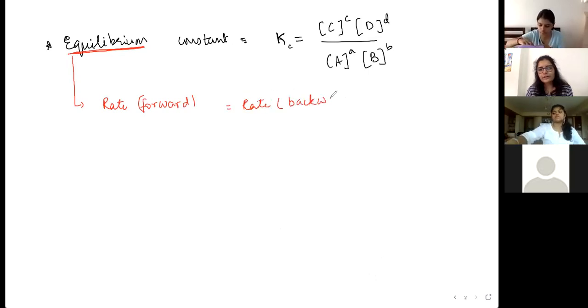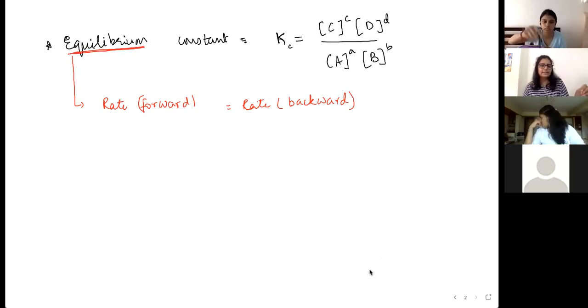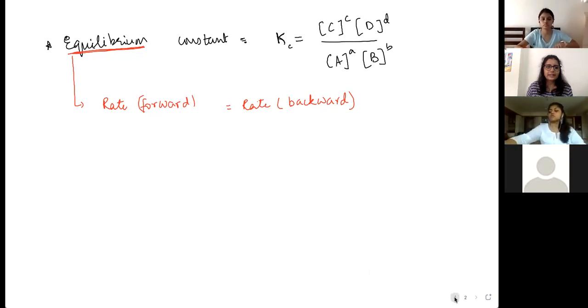Whatever is happening in the forward reaction is the same as whatever is happening in the backward reaction. In that case, what do you imagine is happening electron-wise, current-wise? So you set up a cell and there's a reaction. As the reaction is happening, the electrons are flowing, right?